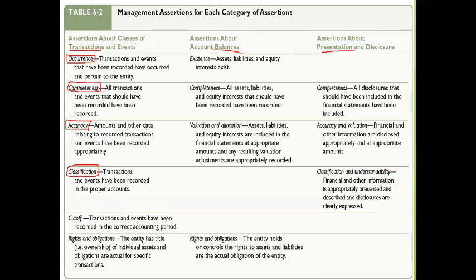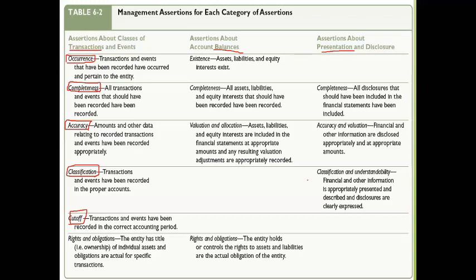Okay. Cut off. What do I mean by cut off? Cut off means that you recorded the transaction at the right date. Is it an option not to record the transaction at the right date? Yes. Some companies may defer or postpone transactions. For example, I made a budget for $1 million in sales, and actually I achieved that budget this year.